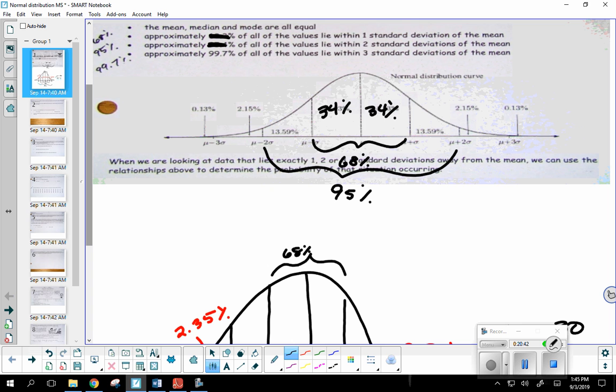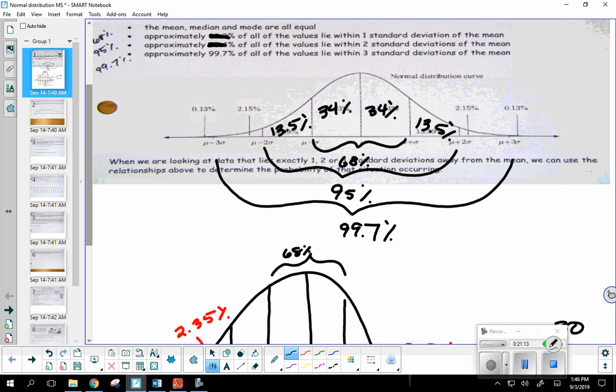So these 2 are identical, these 2 are identical. If this is already 68%, I know the difference is 27, then what should the percentage for each of these little areas be? 13.5, just half of 27. So 13.5%, 13.5%.